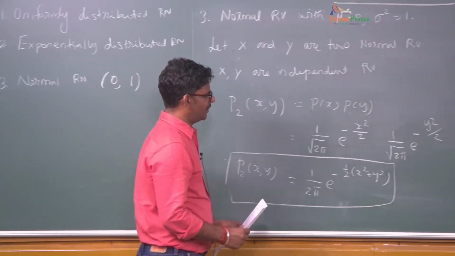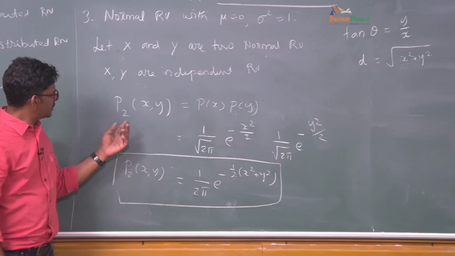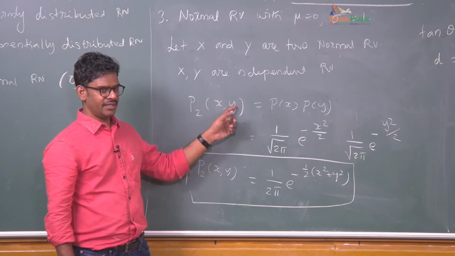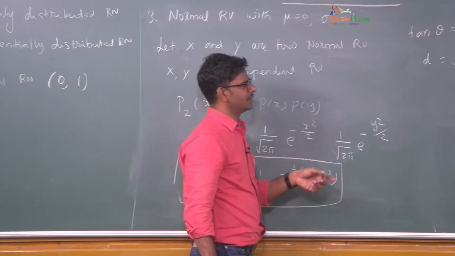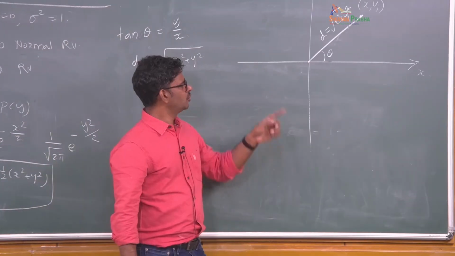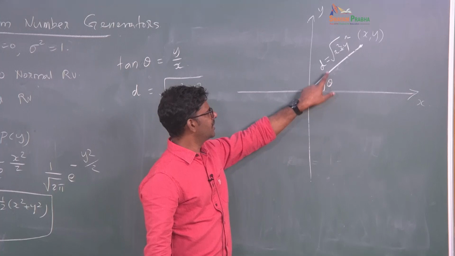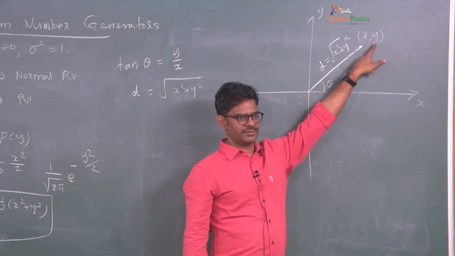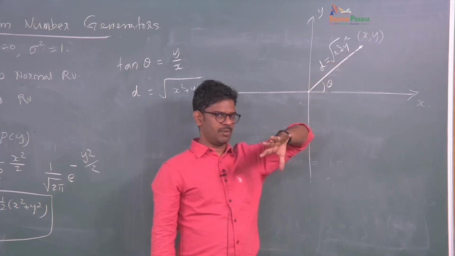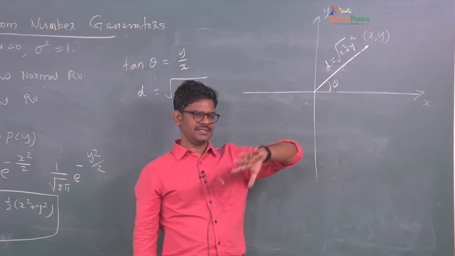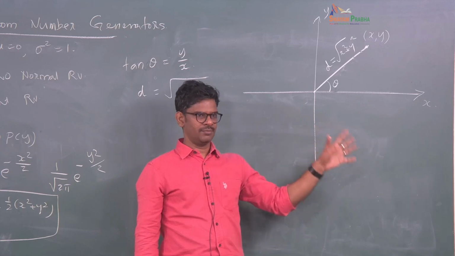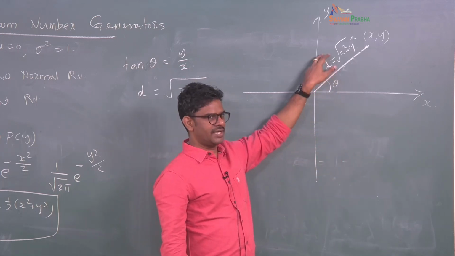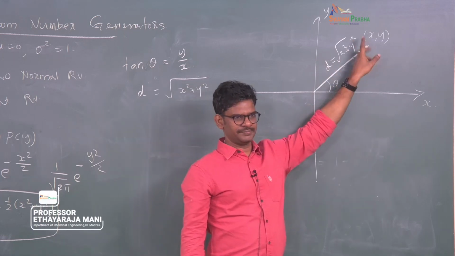So now we are going to ask the question: instead of generating two normally distributed random variables x and y, how about drawing two random variables theta and d? If I know theta and d, I can also specify x and y. So the problem of sampling x and y is cast into another problem of choosing two random variables theta and d.